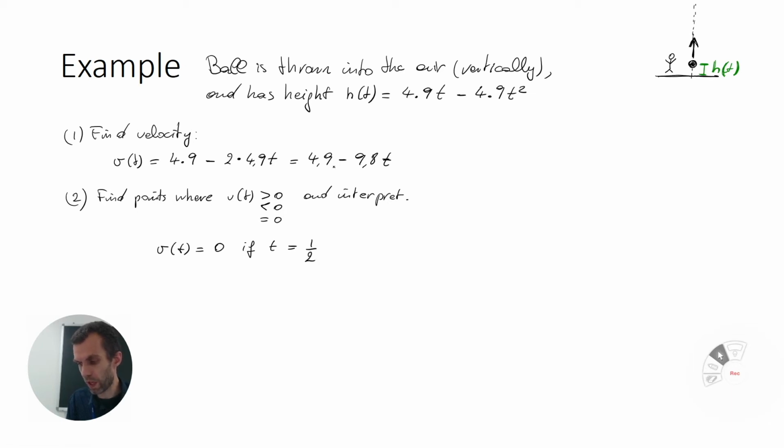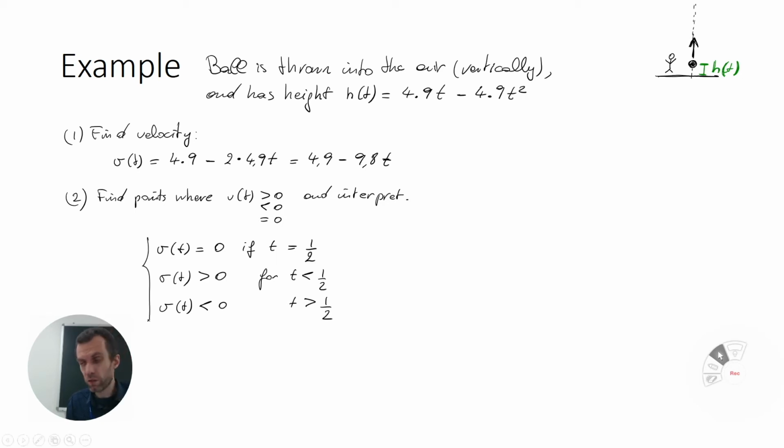So if you put 1/2 in there, you get 4.9, and we are back to 0. And then it's also easy to see that v of t is bigger than 0 for t less than 1/2, and v of t is smaller than 0 for t bigger than 1/2.